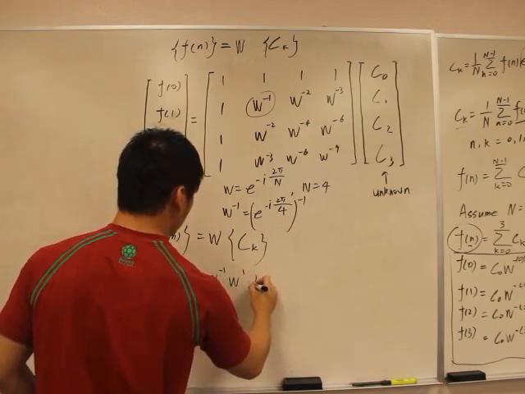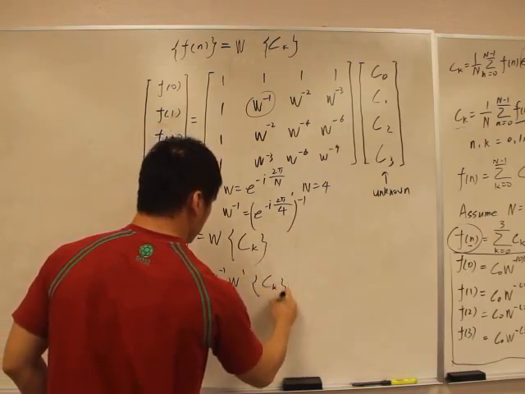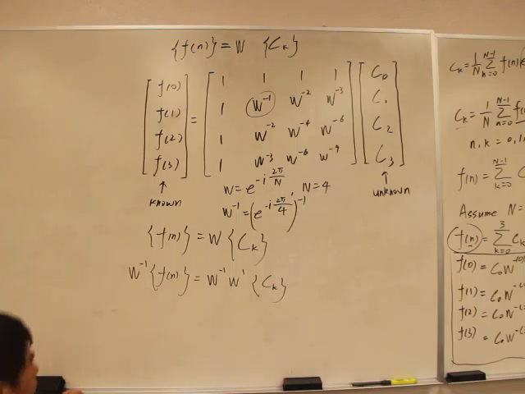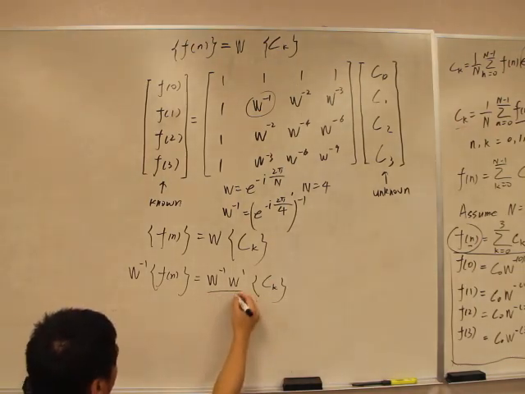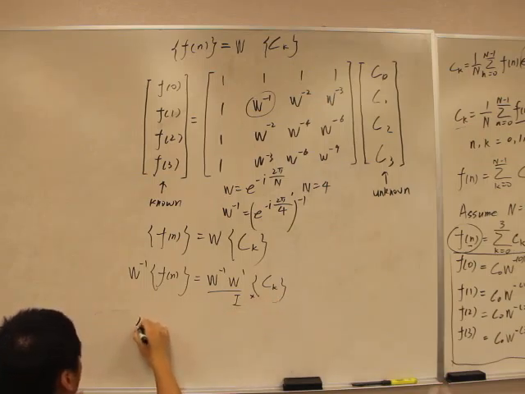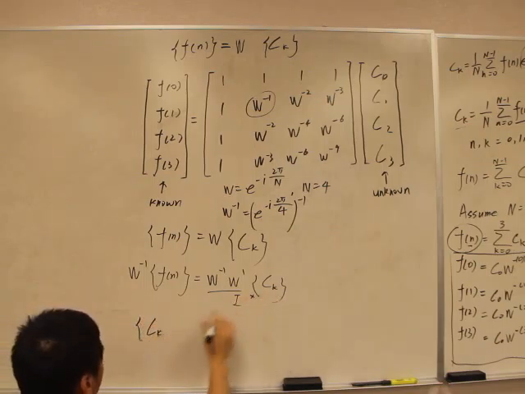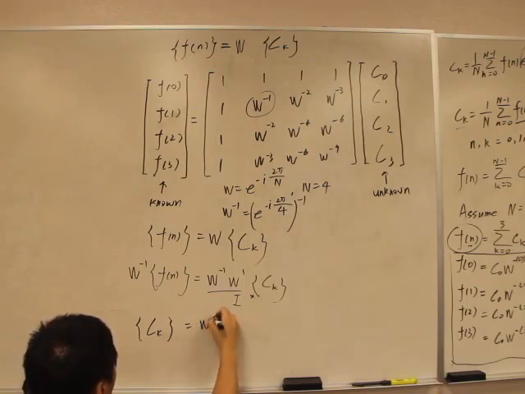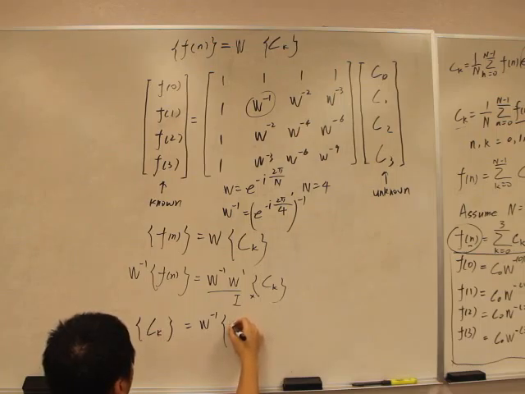So now this goes to the identity matrix, which times that is just C to the K. So we have C sub K is equal to the inverse matrix of W times the discrete function.